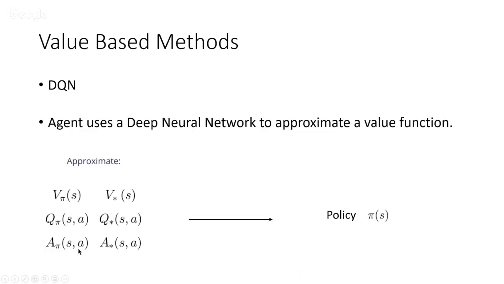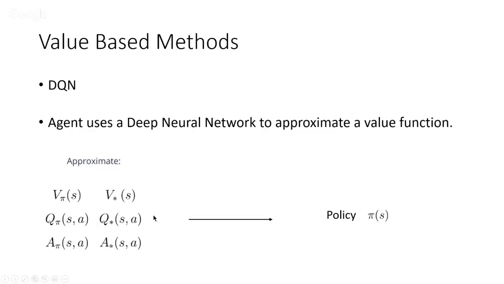A pi is the advantage function. We didn't actually see much explanation on this, but it is also based on a stochastic policy, and it also depends on a state and action pair. An agent or algorithm that uses value-based methods will first approximate one of these, meaning it will come up with a neural network that gives out one of these given the state, or state and action.